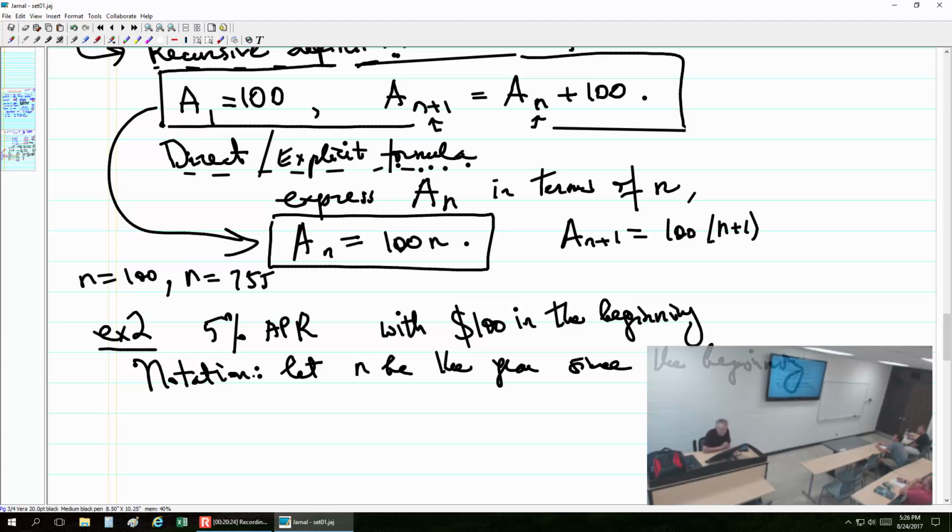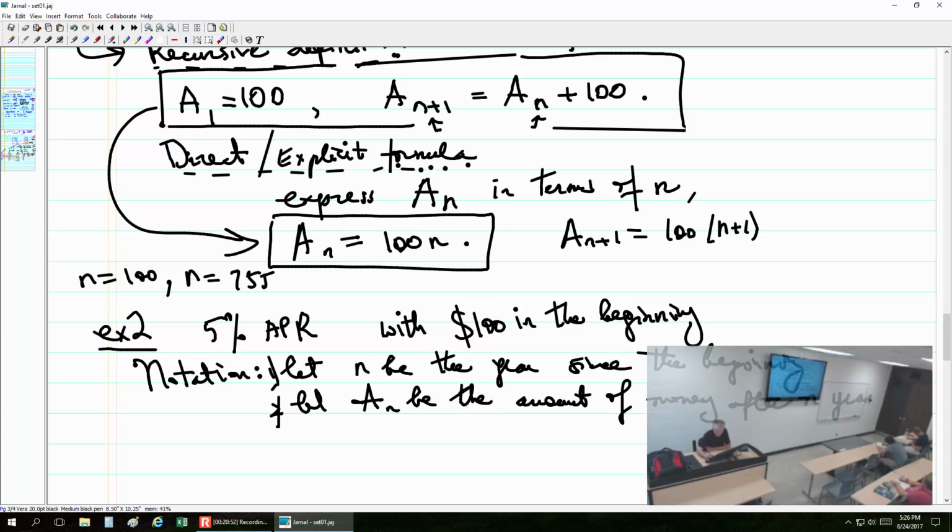Okay, so this is the notation, and number two, let A(N) be the amount of money after n years.